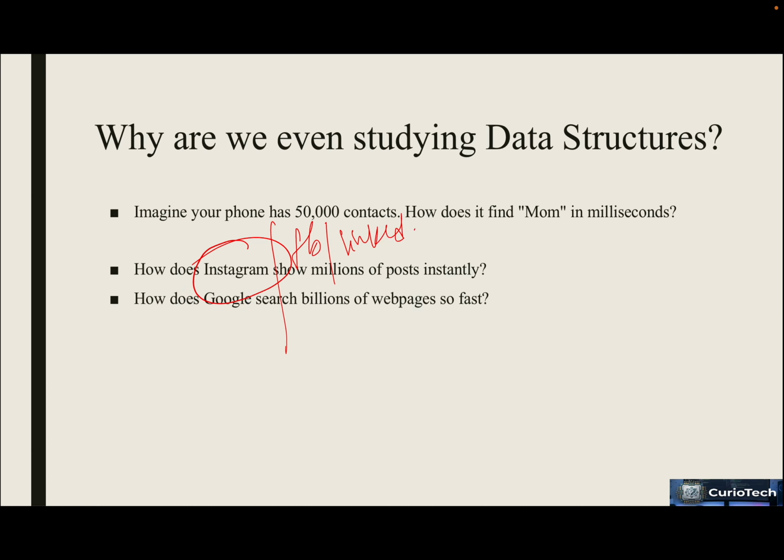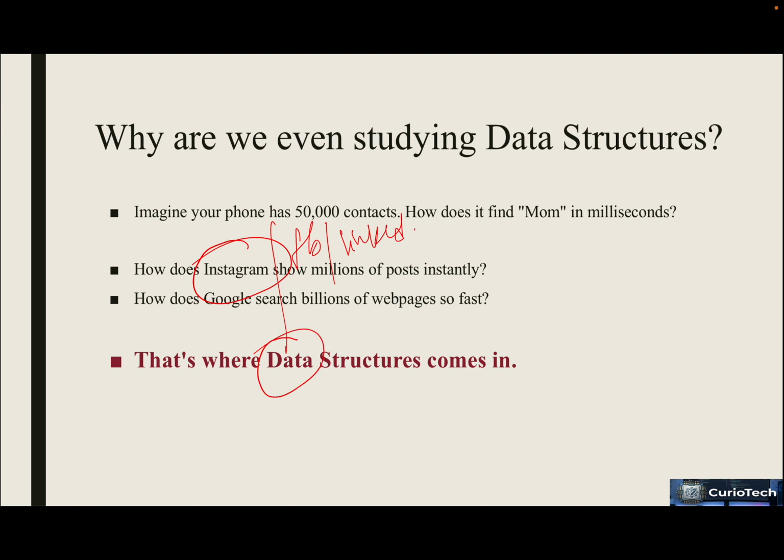How does Google search billions of web pages so fast? Suppose you want to search a particular thing in Google, and you type it in and you get billions of results in just seconds. How do we do that? That's where data structure comes in.